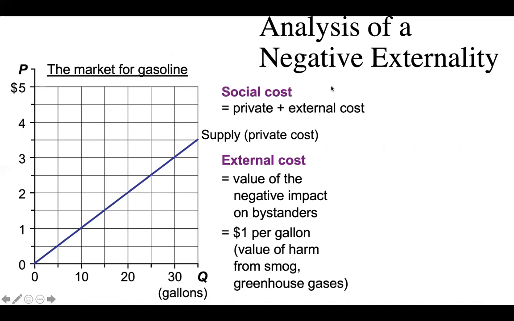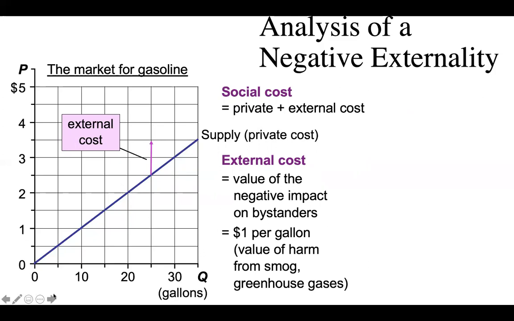The social cost, the cost to society of consumers consuming gasoline, is the private costs, so the supply curve, plus the external costs. What that looks like is that it raises the price by $1 at every single quantity consumed.